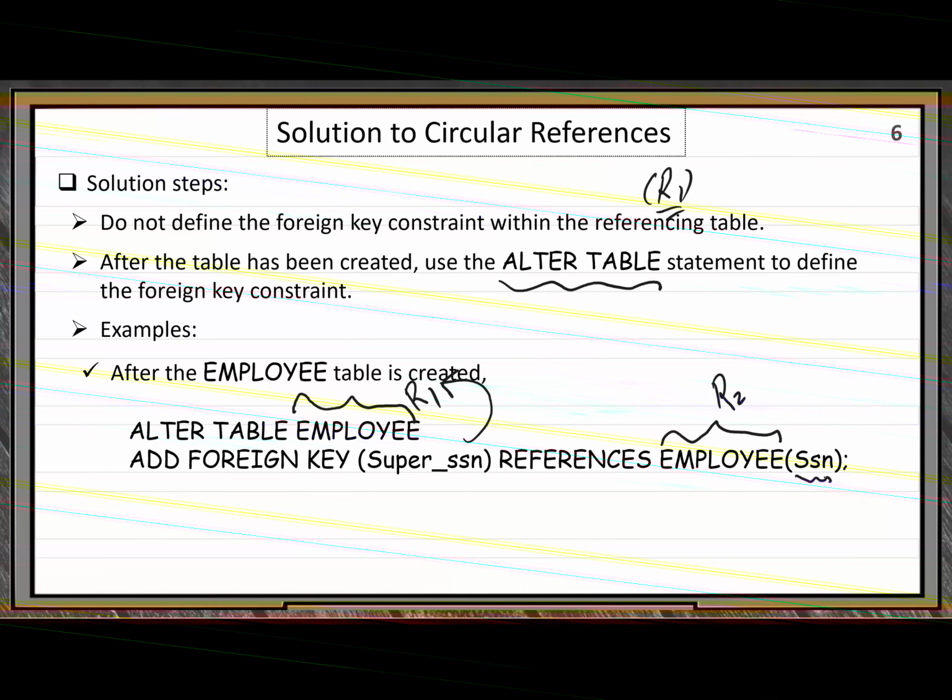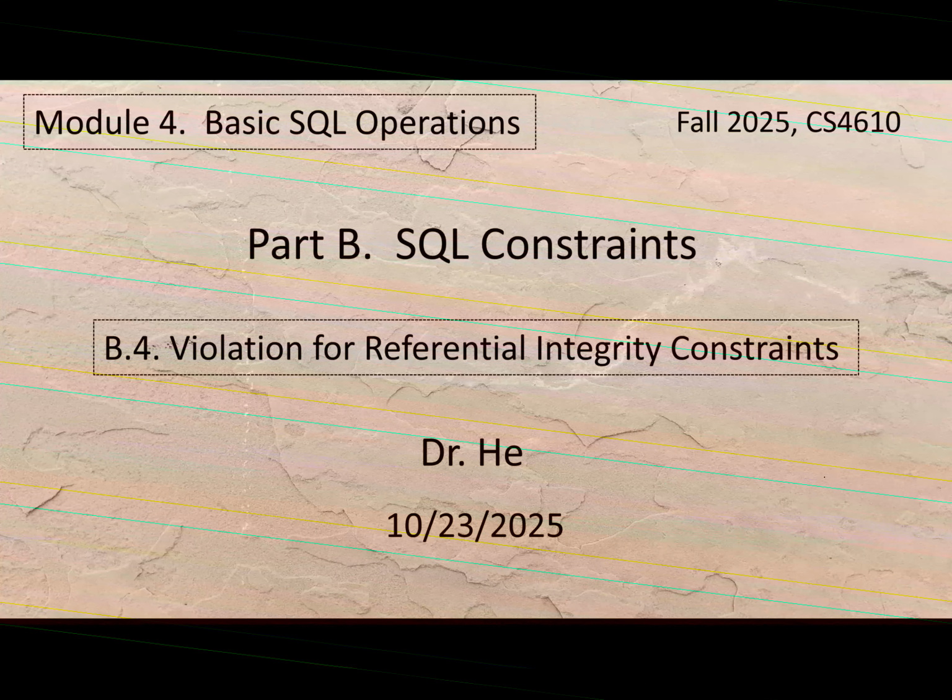Next, B.4, violation of referential integrity constraints. That could happen. There are several situations when you modify your data where a referential integrity violation could happen.